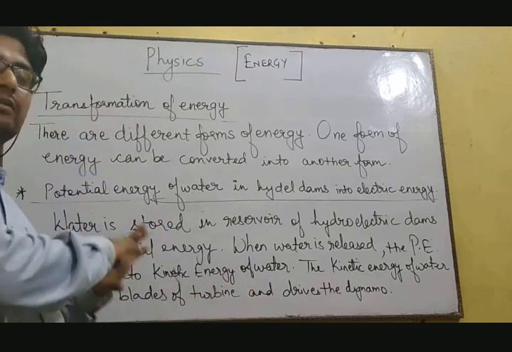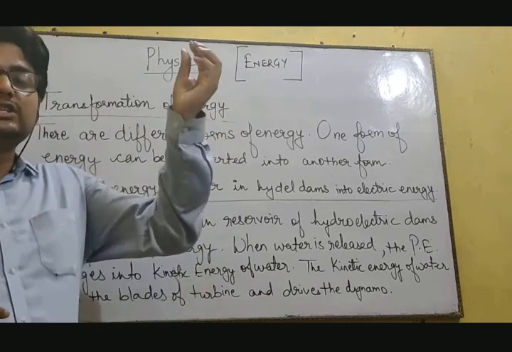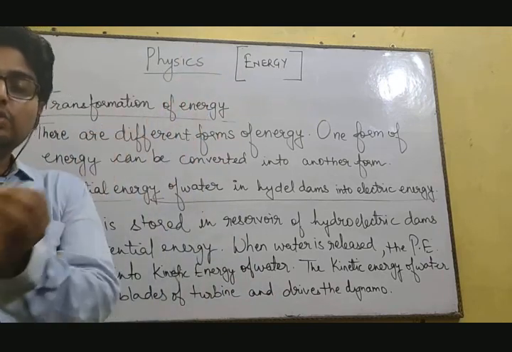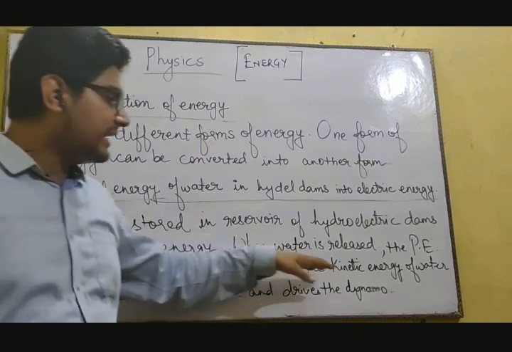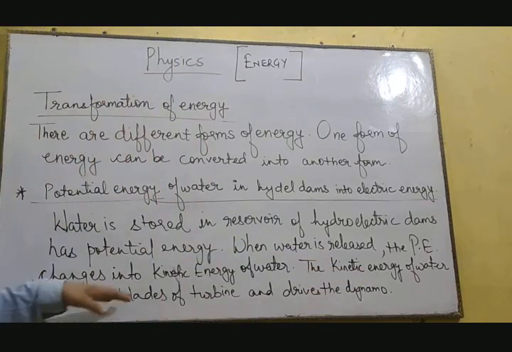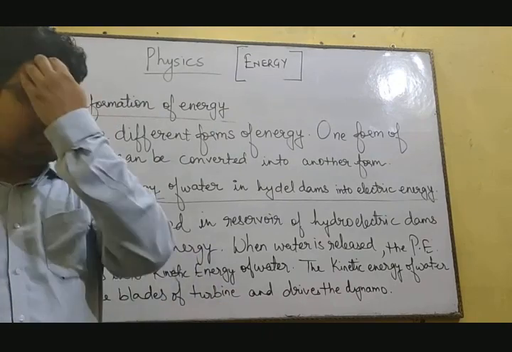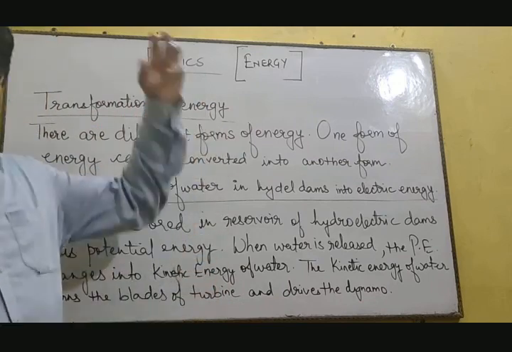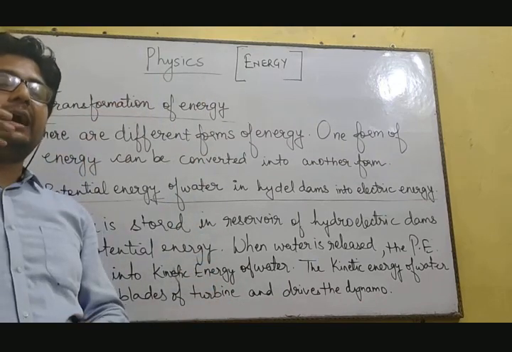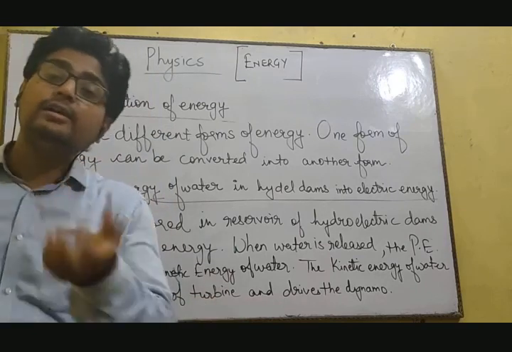So the potential energy which the stored water had, now since the water started flowing, due to motion it will start converting into kinetic energy. This kinetic energy of water turns the blades of turbines. So at the bottom of the dams, big turbines are there on which the water is going to fall, and the turbines are going to rotate because of the kinetic energy of the flowing water.